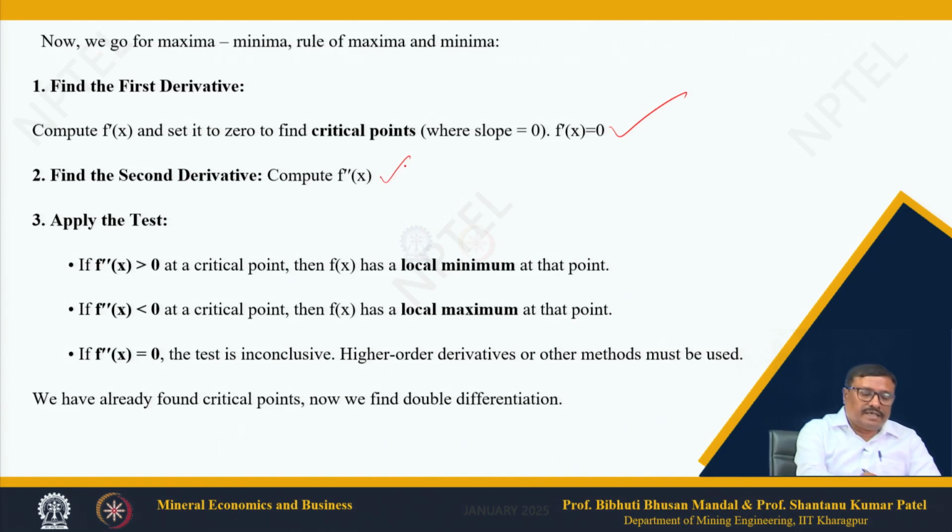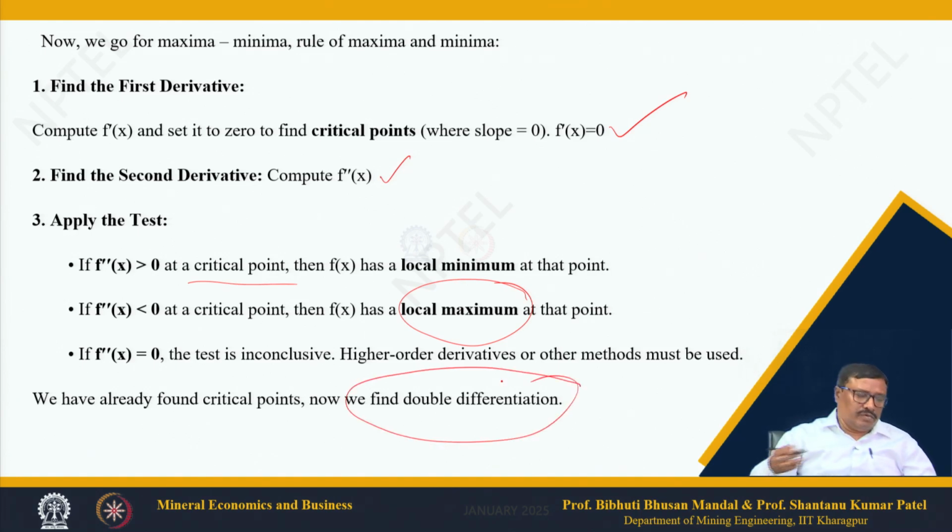Then we apply the test: if f double dash x is greater than 0 at a critical point, then f(x) has a local minimum at that point, and if f double dash x is less than 0 at a critical point, then f(x) has a local maximum at that point. If it is equal to 0, then the test is inconclusive and a higher order derivative will be required. We have already found critical points. Now we want to do the double differentiation to go one step ahead.